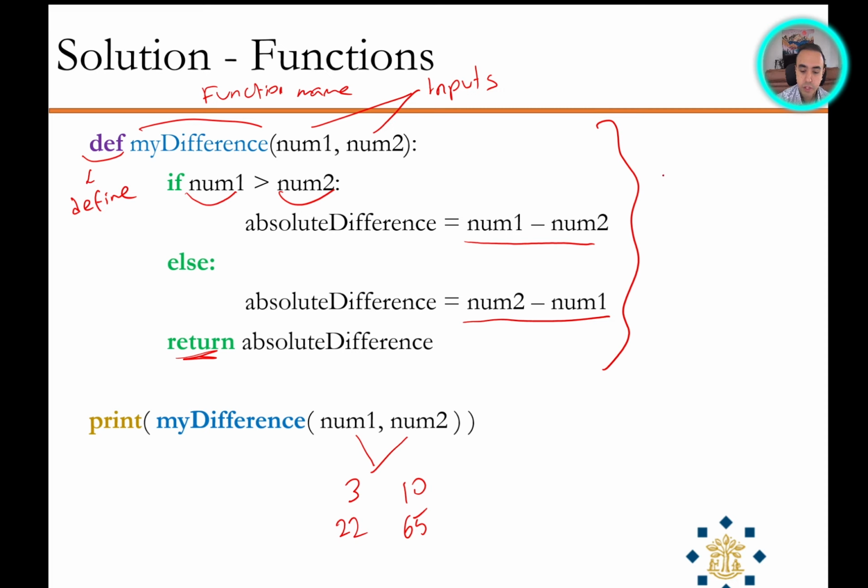So this is the function definition. And here is how you use the function. So this is the function usage. So we only write the name, exactly the same, and then we give two numbers, num1 and num2. Okay.